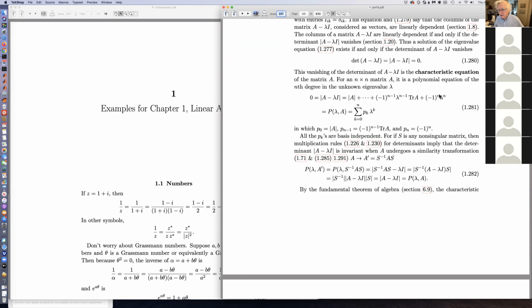Turns out the term of next highest degree is proportional to the trace. And all of these coefficients of lambda are actually invariant, I should say, polynomials or examples, invariant functions of the matrix A. And this equation is, as I said, the characteristic equation.